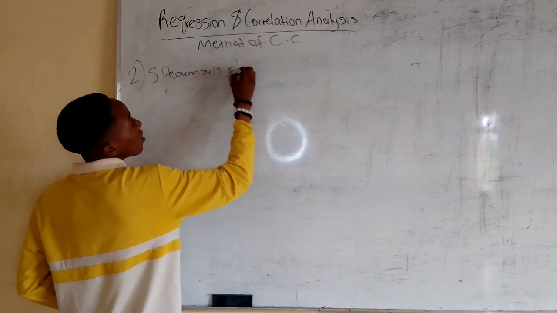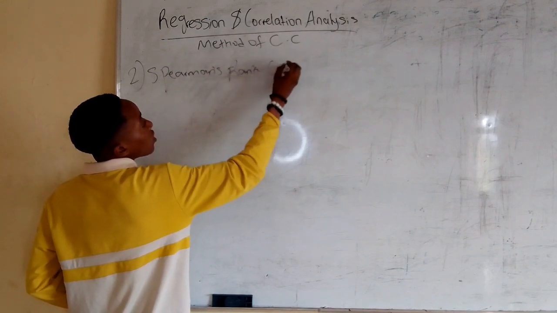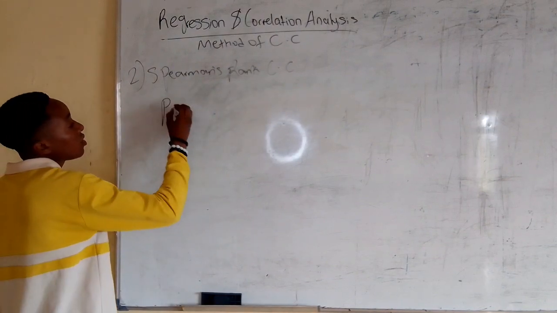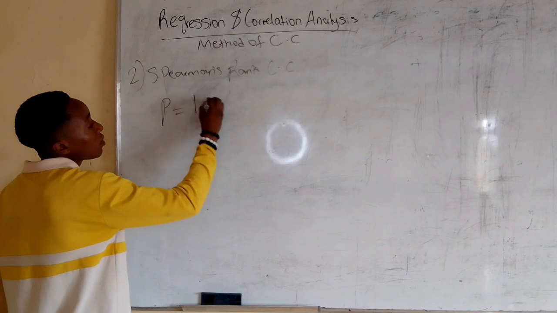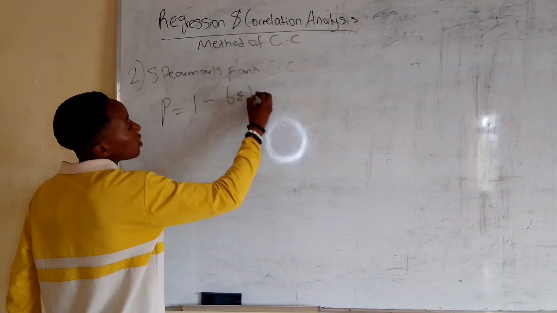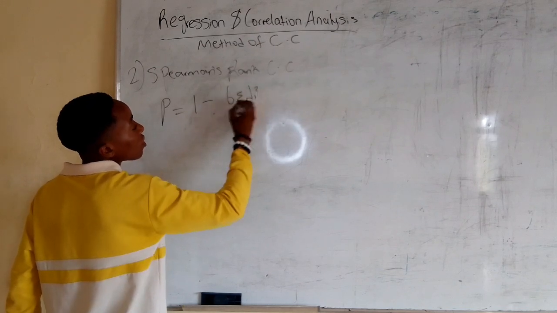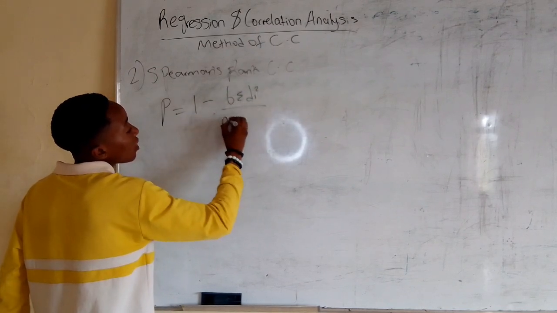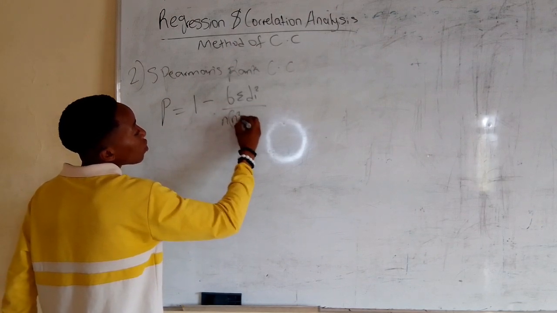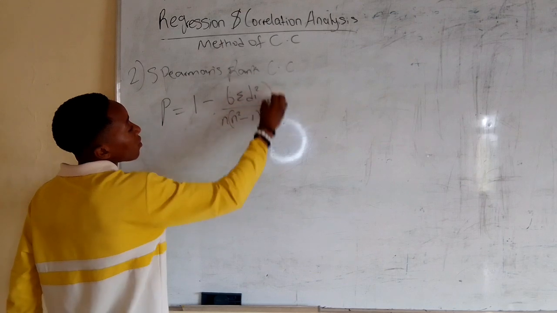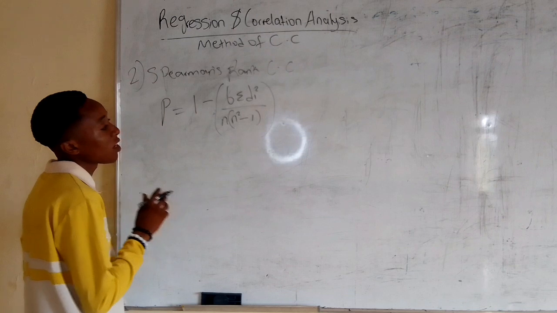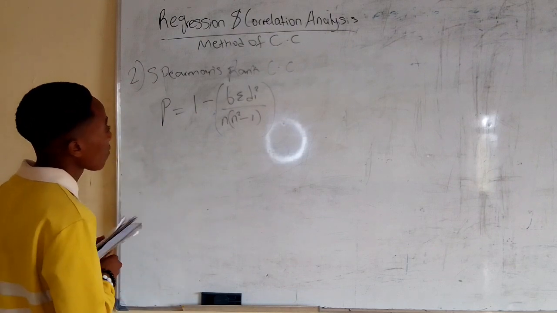The formula for Spearman's rank correlation coefficient is P equals 1 minus 6 summation d to the power of 2, divided by n open bracket n to the power of 2 minus 1. Then you put everything in the bracket. So this is the formula for Spearman's rank correlation coefficient.